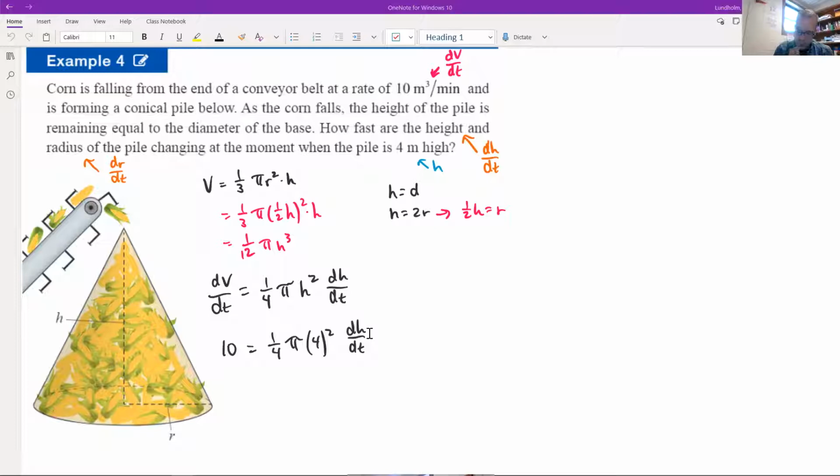And so, yeah, if we wanted to solve for dh/dt, we've got 10 is equal to 4 pi times dh/dt. And I don't know, 10 divided by 4 pi, whatever that is, is dh/dt. I think I remember doing this, and it's roughly 0.8 or something like that. Meters per minute, sorry.